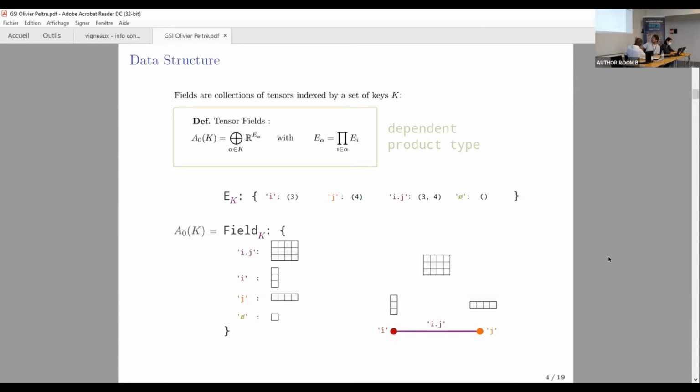So of course, if you implement this as a dictionary, it will really not be efficient, but that's a good way to think of it. So for instance, for individual atoms, we'll have low dimensional tensors, and every time you add a variable, you get new dimensions for your tensors. So the dimension of this vector space here grows linearly in the cardinality of K.